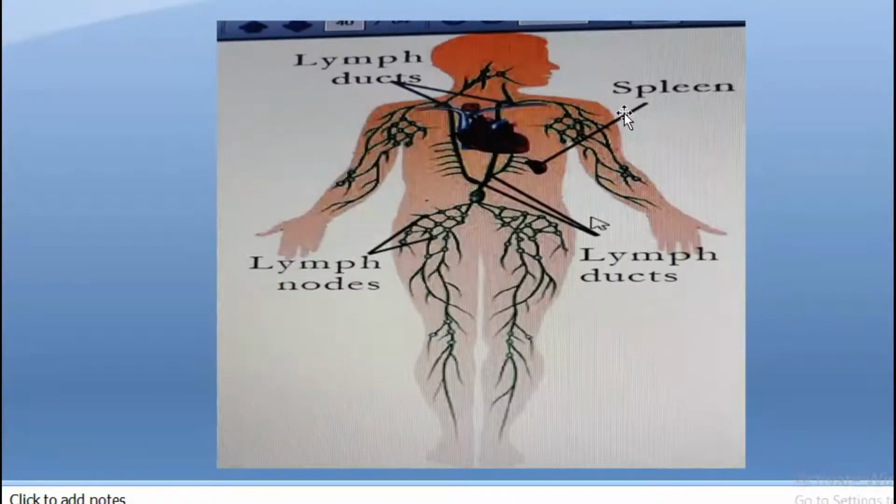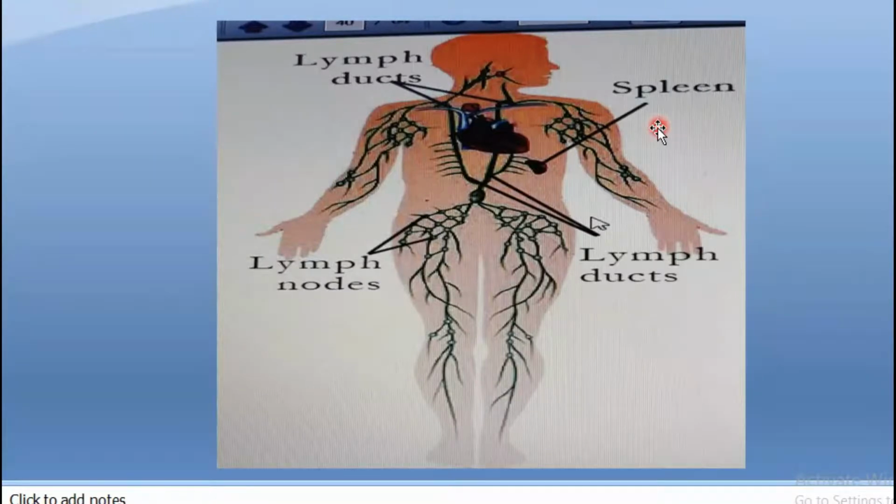What is the role of the spleen and lymph nodes? The spleen and lymph nodes play a major role in defending against disease-causing germs. How is this possible? Do you know the largest organ of the immune system or lymphatic system is the spleen, because it consists of lymphocytes.